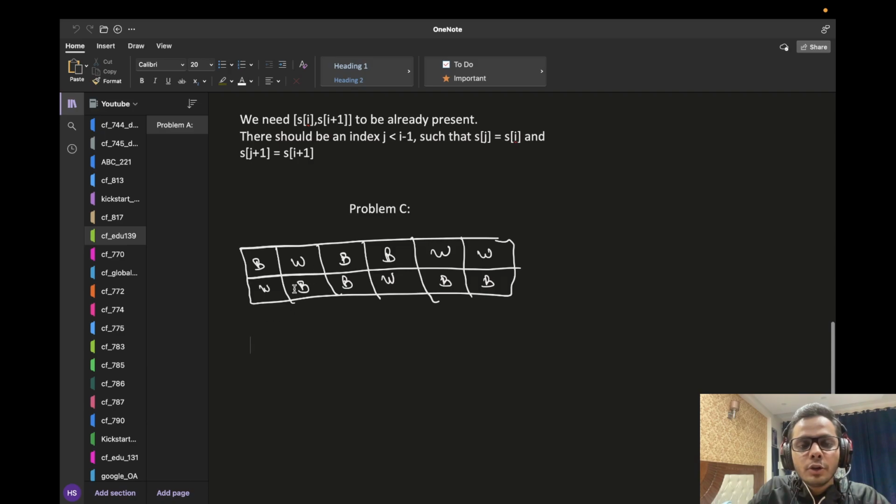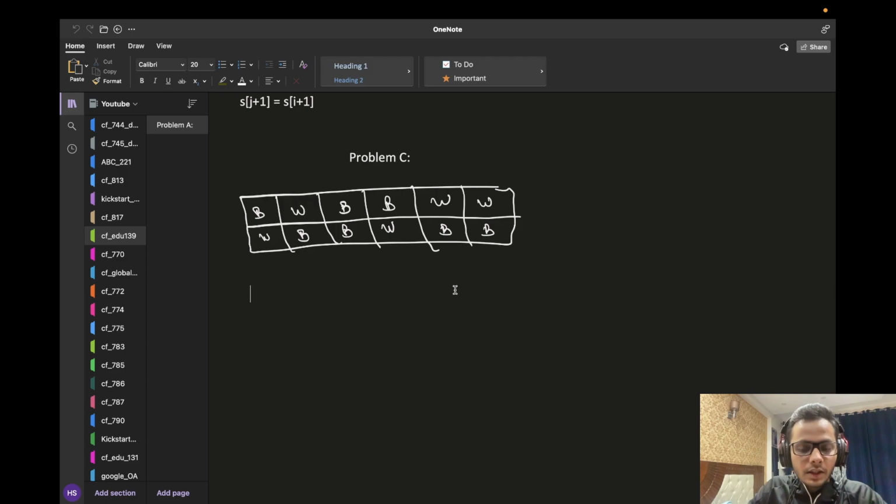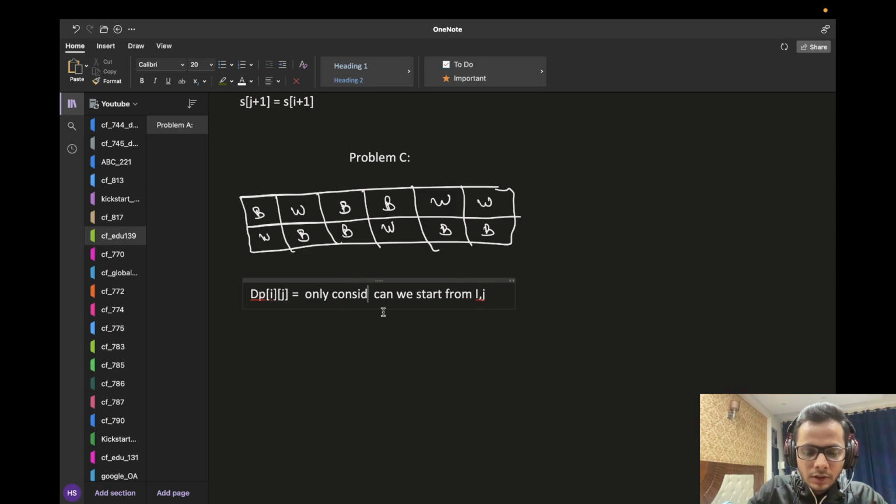What we want to do here is define a DP state with which we can solve the problem. So let's say we use this state dp[i][j]: can we start from (i, j), only considering columns from j to m, and satisfy all the conditions?